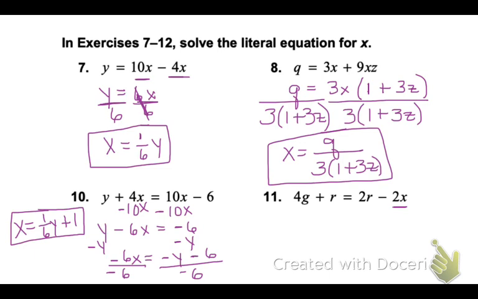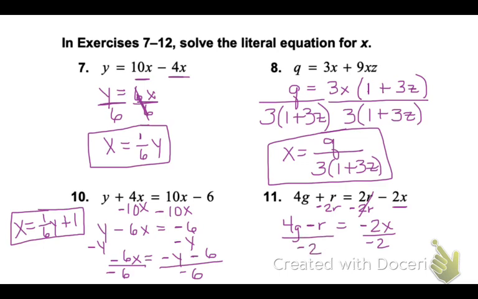Okay, in number 11, we are going to solve for x, and so if you can see 2x over here, that's the one we're going to leave behind, so we need to subtract this 2r from its like term. Okay, so we'll have 4g minus r is equal to this negative 2x. So all I have to do is divide by a negative 2, but we don't want to leave a negative in the denominator.